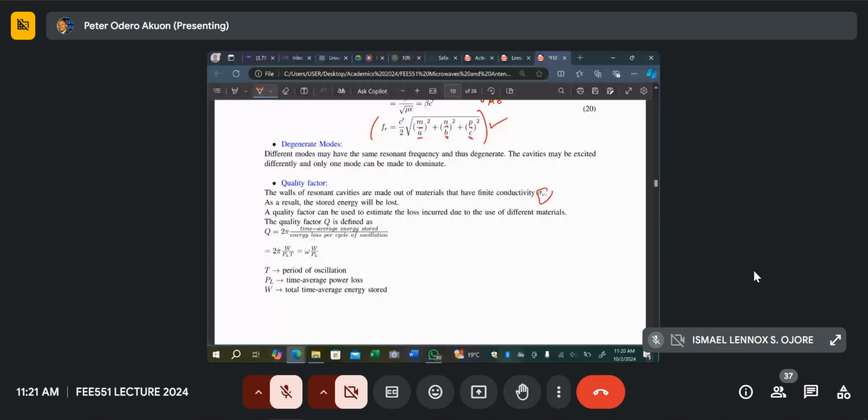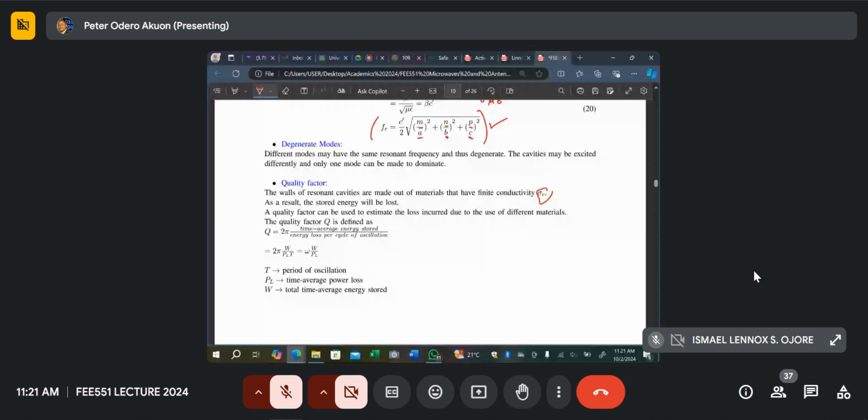So we need then to explain or define the quality factor for a resonant cavity. We can use that quality factor to estimate the loss inside a given resonant cavity.